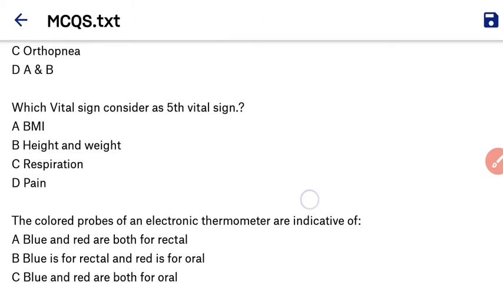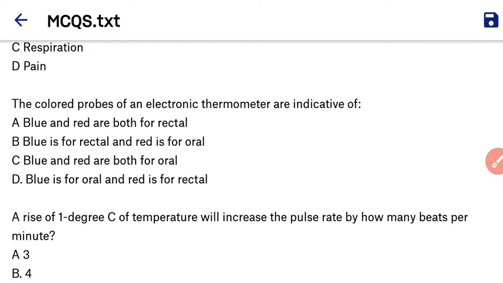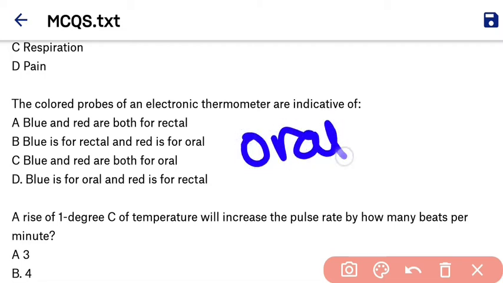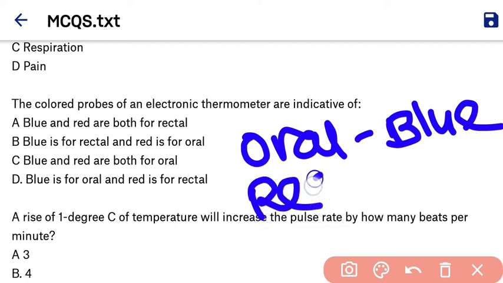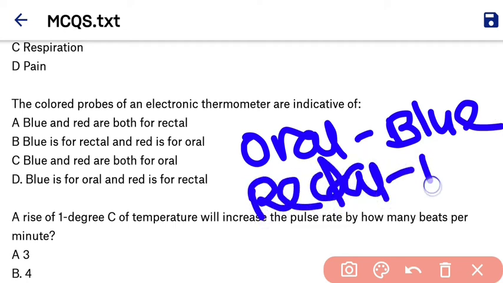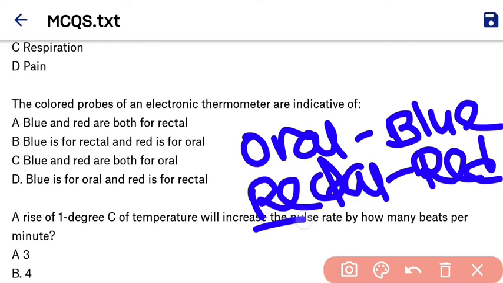Okay, next, the colored probes of an electronic thermometer are indicative of. So here, for an electronic thermometer, the probe for oral is blue, and for rectal it is red. So remember, R for R, rectal for red. Okay, so here our right answer is blue for oral and red for rectal.